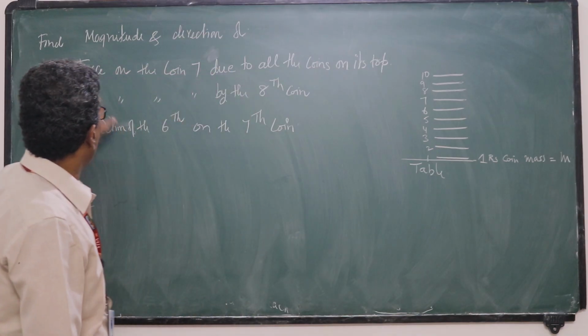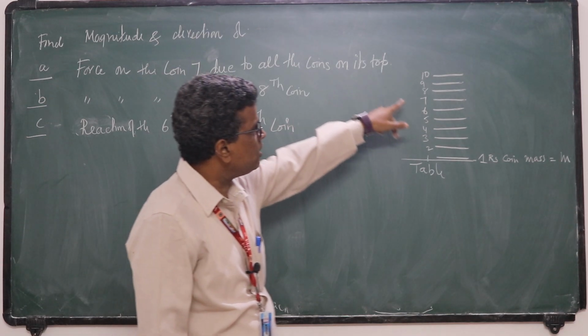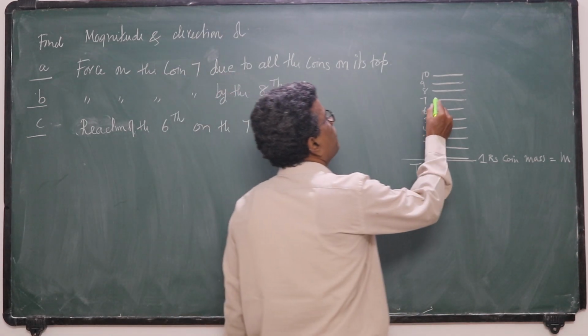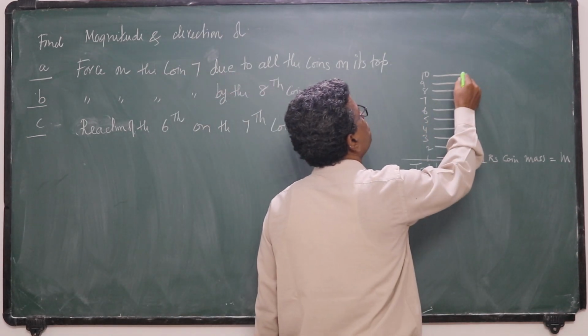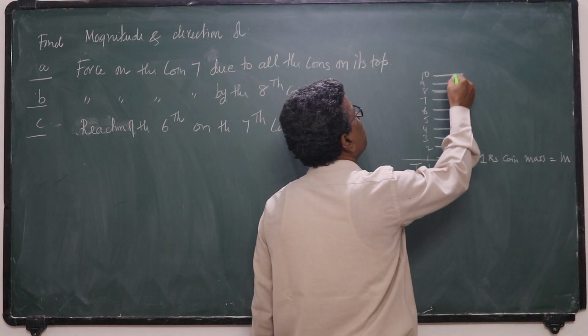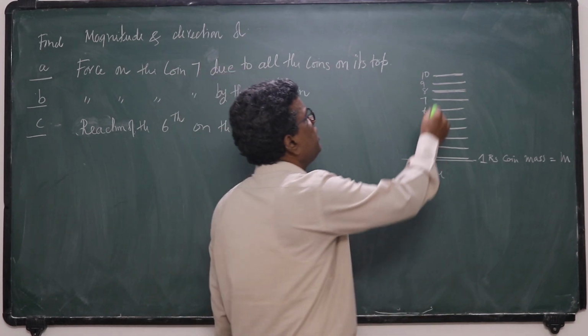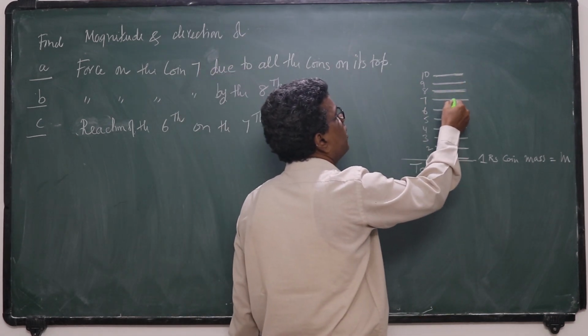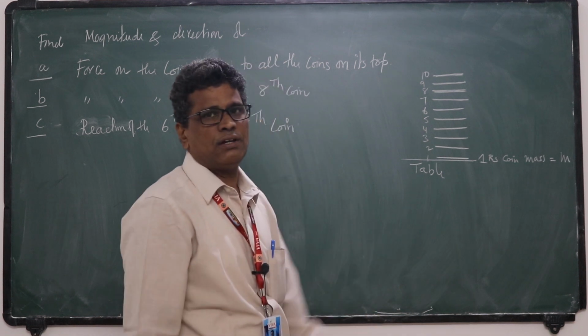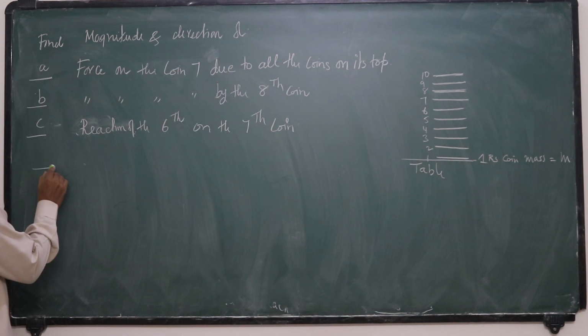Now we want the force on the 7th coin due to all the coins on its top. On the top, how many coins are there? 3 coins. So the weight of 3 coins falls on the 7th coin.